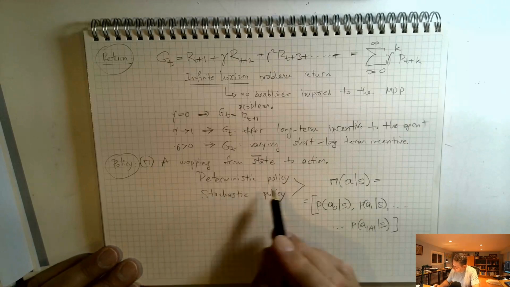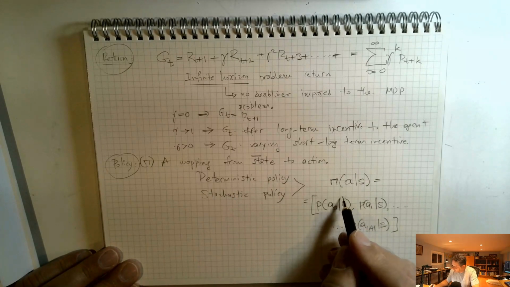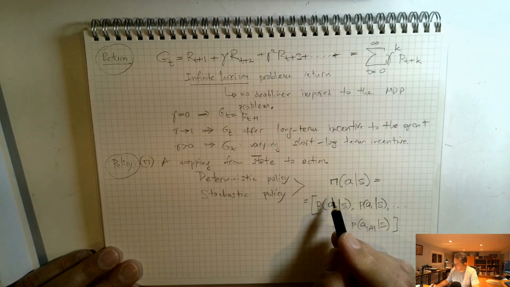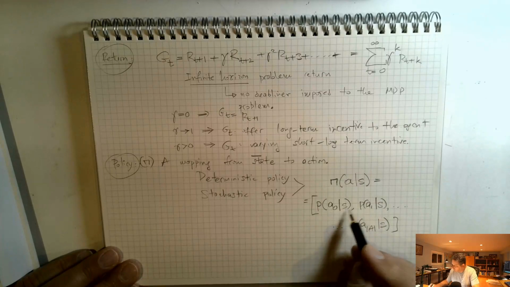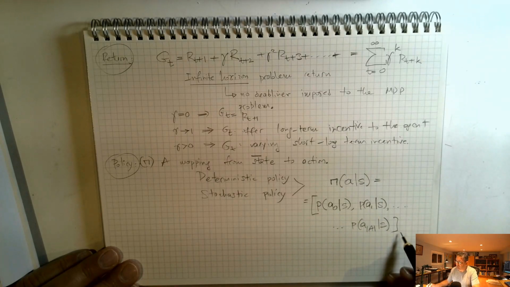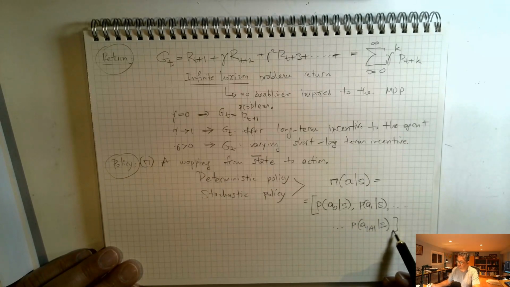In the case of a deterministic policy, if you are in s, one of the terms is 1 and all the others are 0. In the case of a stochastic policy, all the elements are effectively non-zero. Obviously the summation of these elements equals 1.0.